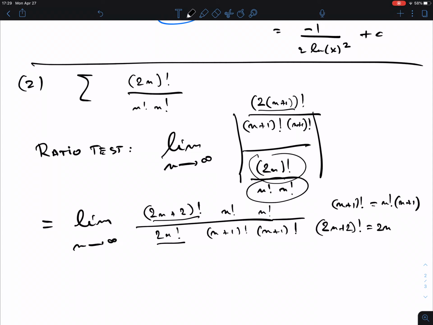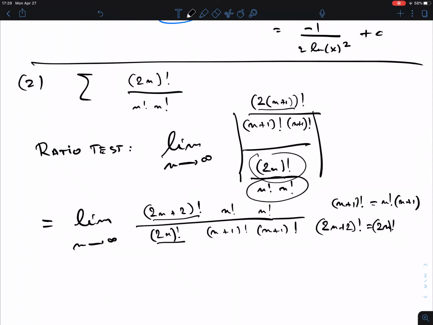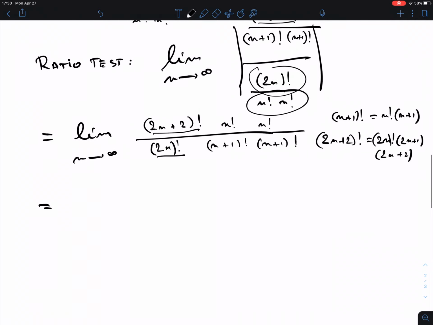I have to write the biggest one in terms of the smallest one. So (2n)!. Sorry, I should actually have put parentheses there. I forgot to copy them. (2n)!. Now, from 2n you have to go to 2n plus 2, but in steps of 1. Well, the first step is this one, but I'm not there, so I have to write another step, 2n plus 2. And steps, of course, means each time multiplying with that number. Okay, we're done. So we can rewrite our factorials now.